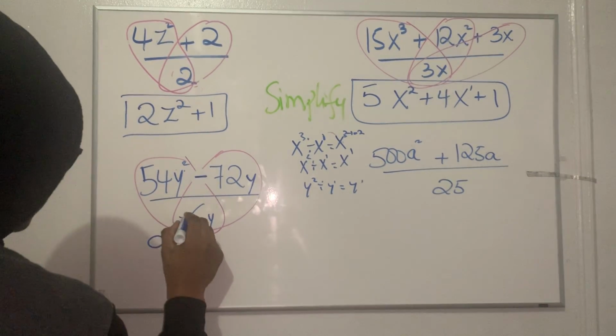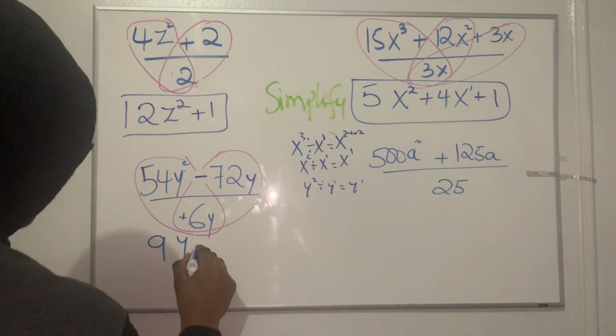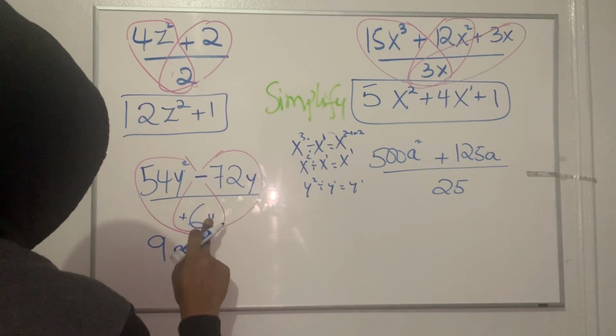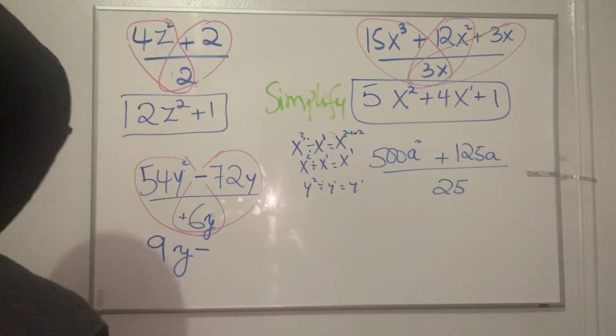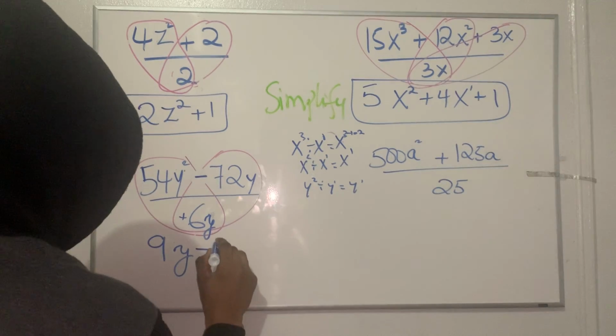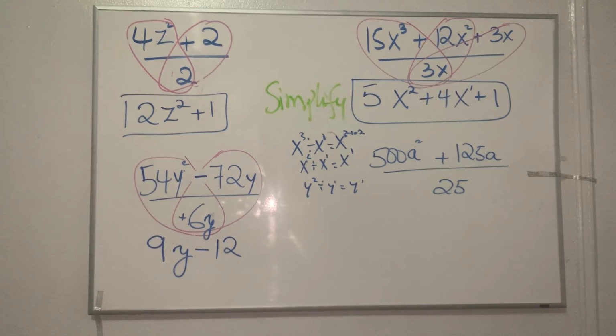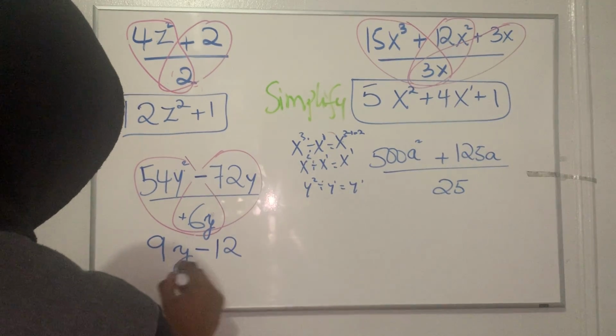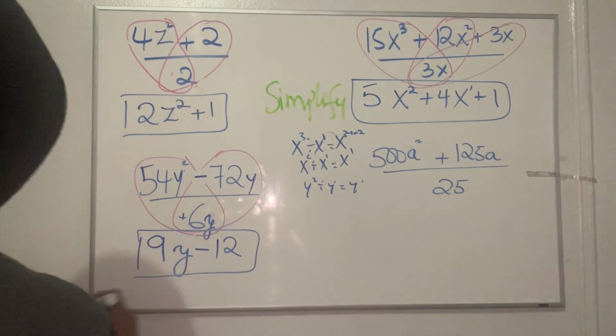So negative divided by positive is negative. Let me write it down. Now 72 divided by 6 is 12. And then the y's cancel. So you have this as the final answer.